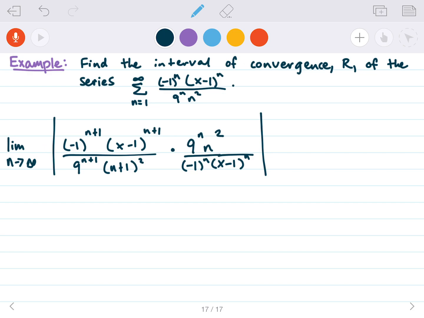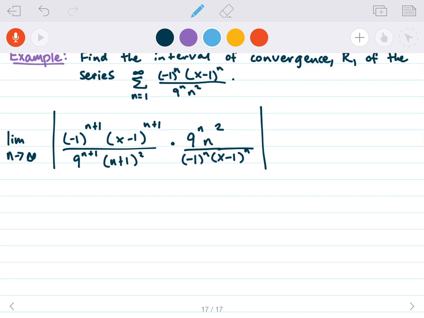So let's clean this up a little bit. Again, by the same logic that we used before, those negative ones are going to go away, essentially. I now turn my attention to the x minus 1 base, and when I simplify this, it's just going to become x minus 1 to the first. Let's look at the 9.